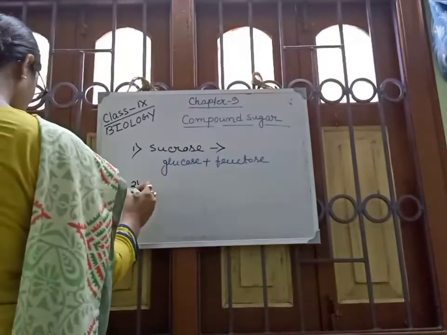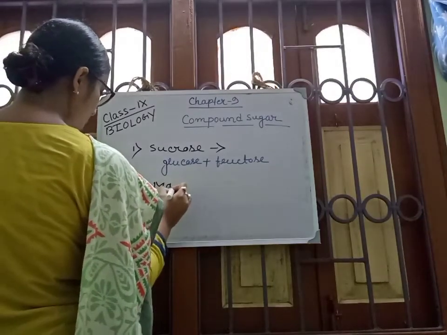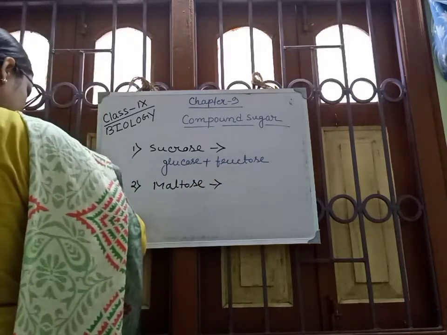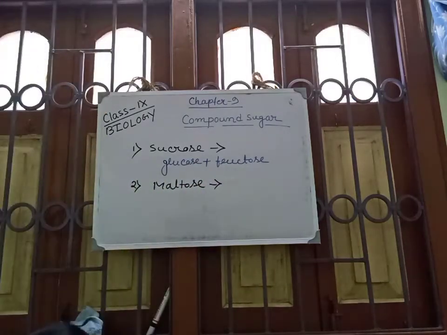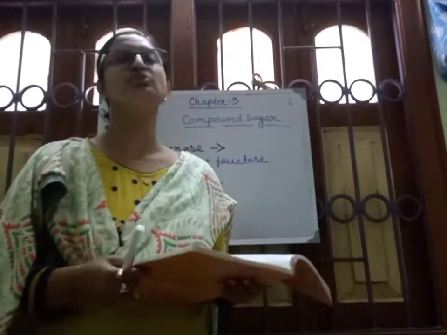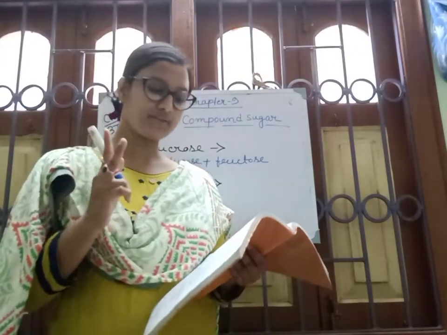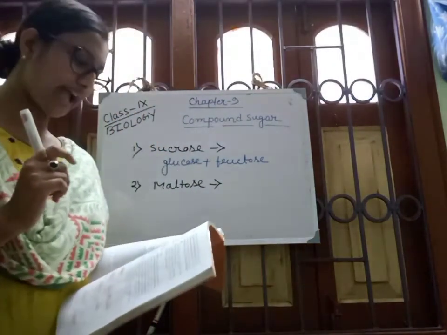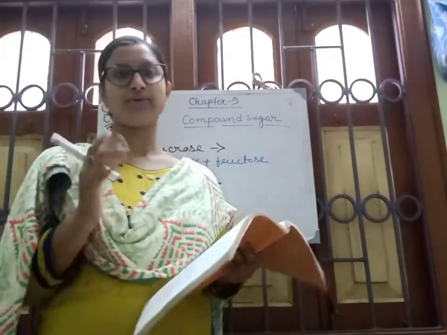Number 2, maltose. Maltose is the malt sugar, made from two glucose molecules. It is found in sprouted and malted products.